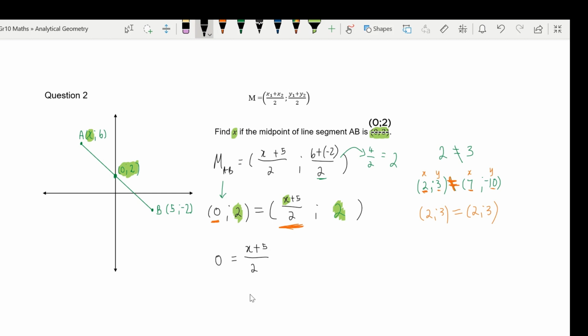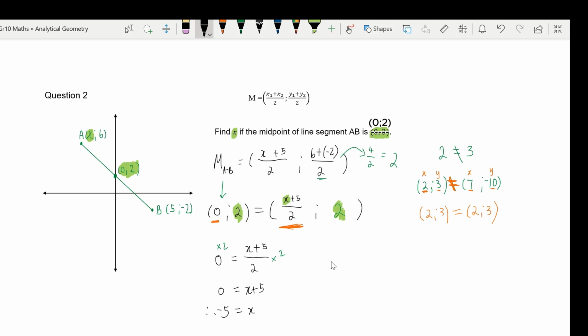So now we're dealing with some equations with fractions. There's more than one way that you could look at that. I'm just going to multiply both sides of the equation by 2. And when I do that, I get x plus 5 on the right-hand side and still 0 on the left-hand side. And therefore, my x would be equal to negative 5.